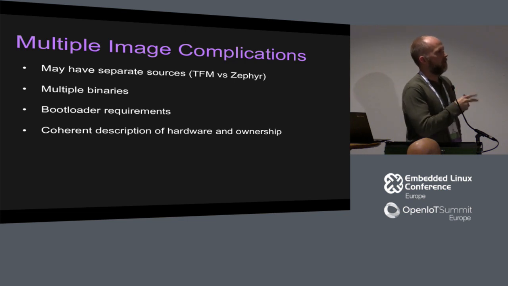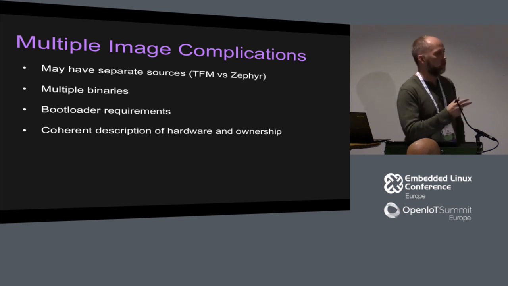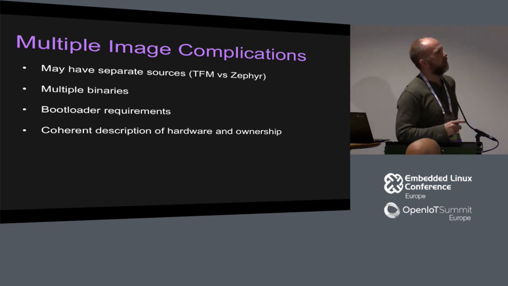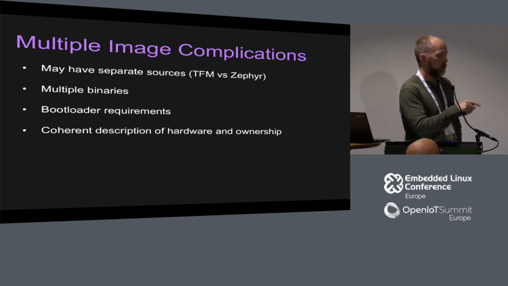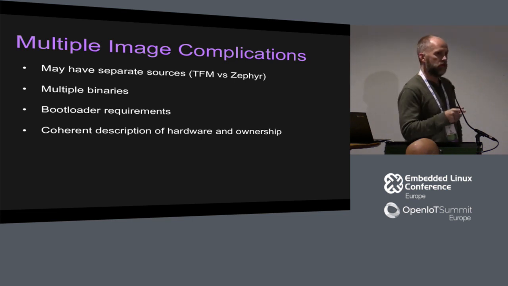When you start to divvy up your flash and RAM, you actually have to say, okay, how much of my flash do I want for secure and how much do I want for non-secure? You lay it out in your address map, and then for the secure side, you have to start at those addresses. For the non-secure side, when you actually do the jump to the non-secure, you have to know what that address is, and not only that, the non-secure application, Zephyr, has to know what that address is.